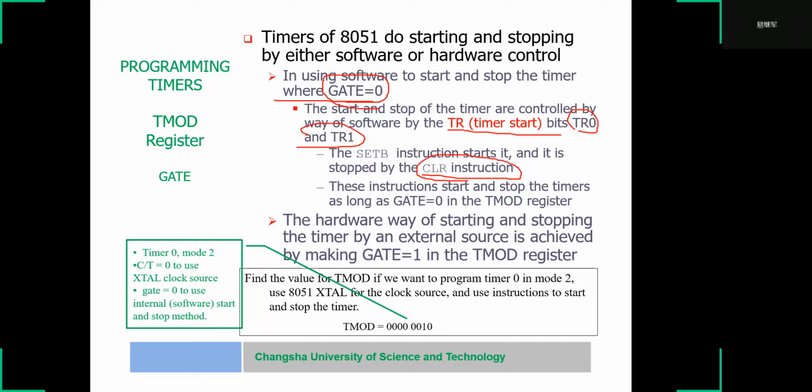This instruction starts and stops the timer as long as GATE is equal to 0 in the TMOD register.